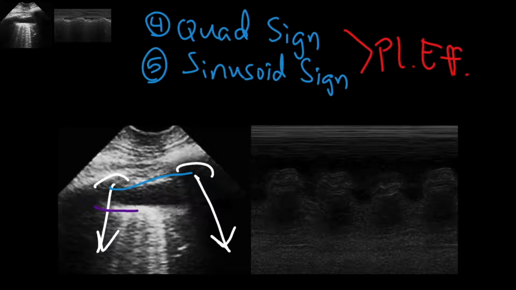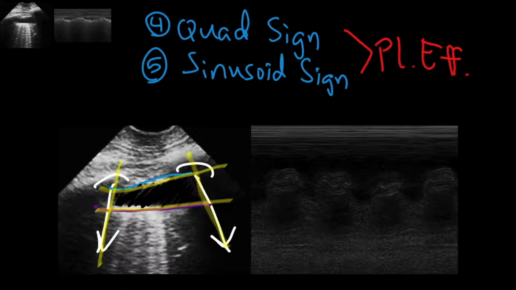And then between the parietal and the visceral pleura, we see that there's fluid. And this fluid takes this quadrangle type of shape, because we have the rib and shadow serving as the side borders, and then the parietal and the visceral pleura serving as the top and bottom border.